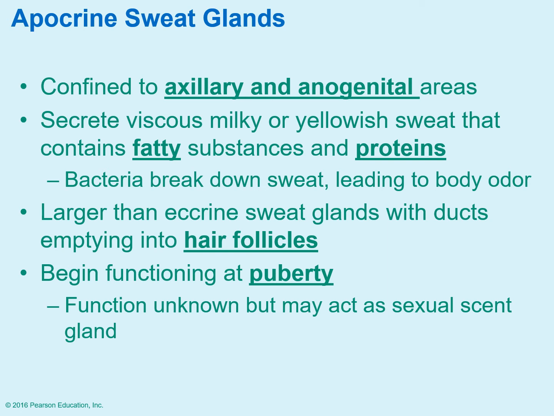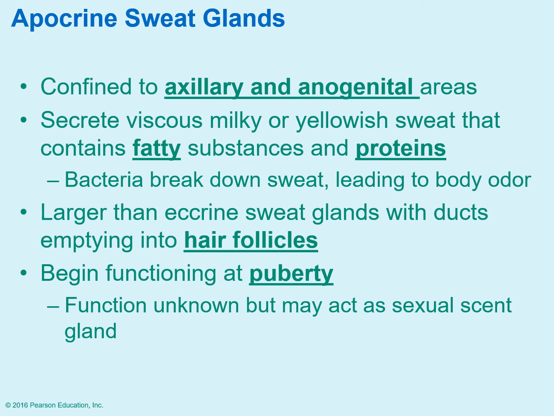So bacteria in your body are going to start to break down the sweat, and the body odor is actually caused by the waste products of the bacteria that are breaking down your sweat. Some of your apocrine glands tend to be larger than eccrine sweat glands.